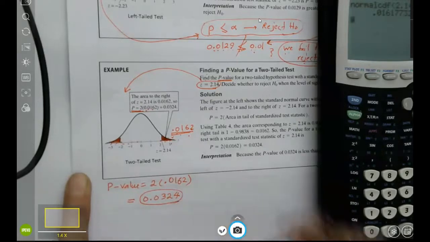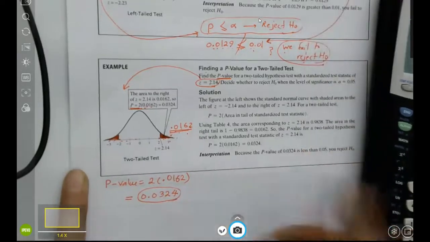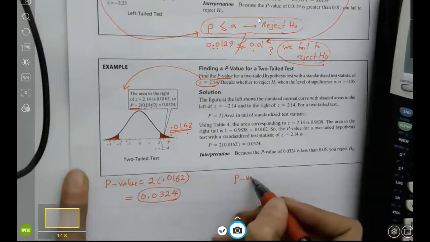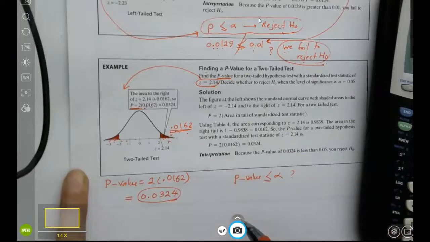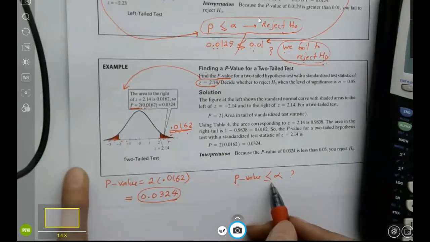Now you have to make a decision. Is the p-value less than or equal to alpha, or is it greater than alpha? If the p-value is less than or equal to alpha, we reject the null hypothesis. Otherwise, we fail to reject the null hypothesis.